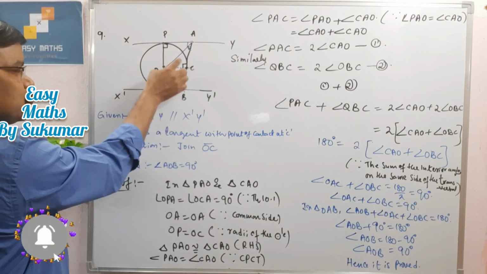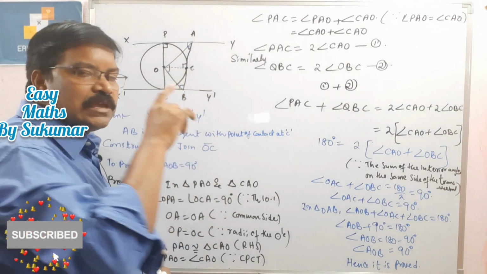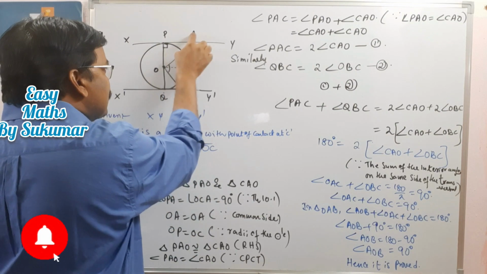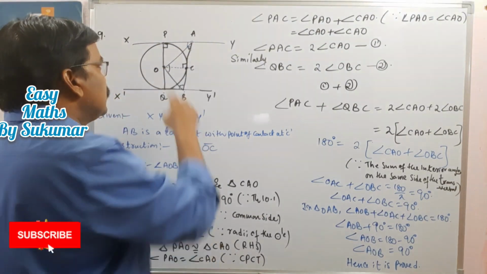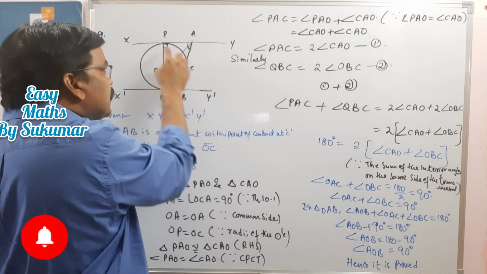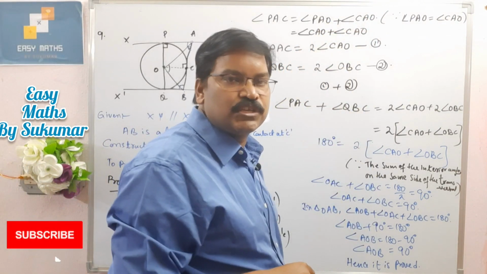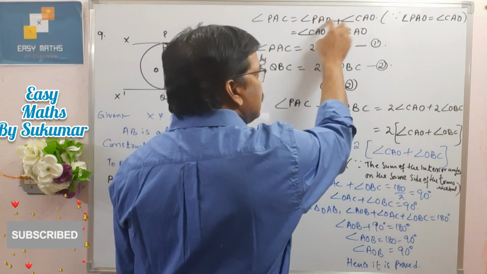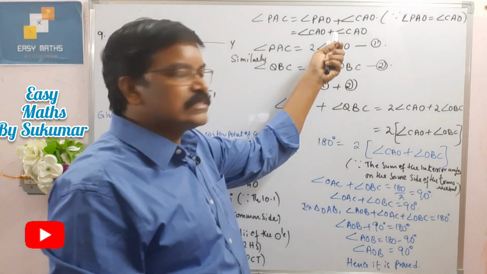Here, we just proved these two triangles are congruent, and the first step we had done here is angle PAO and angle CAO are equal according to CPCT, and I take the full angle, that is angle PAC. This is equal to angle PAO plus angle CAO, but these two angles are equal. So instead of angle PAO, I have written angle CAO.